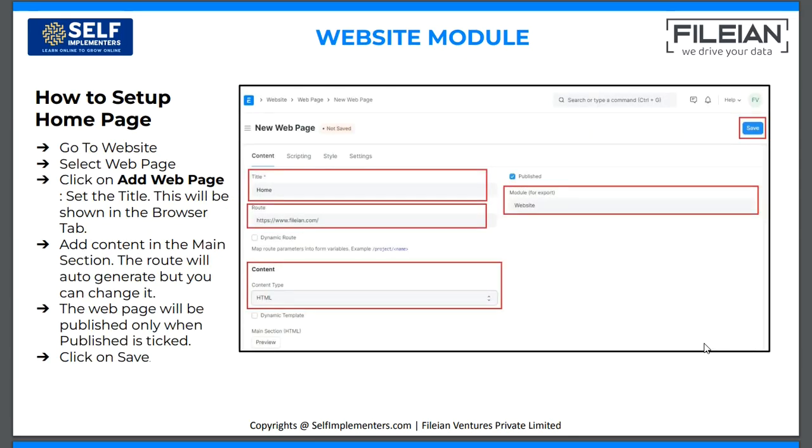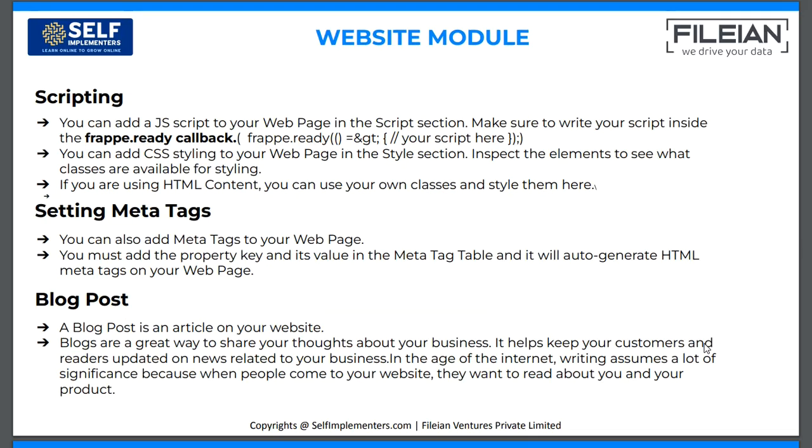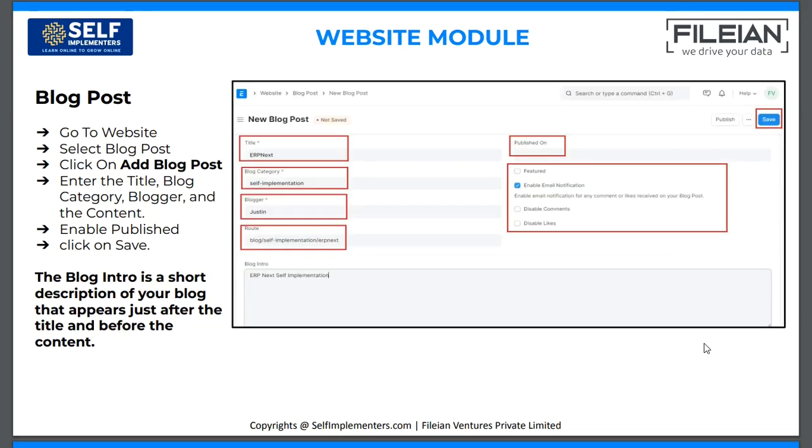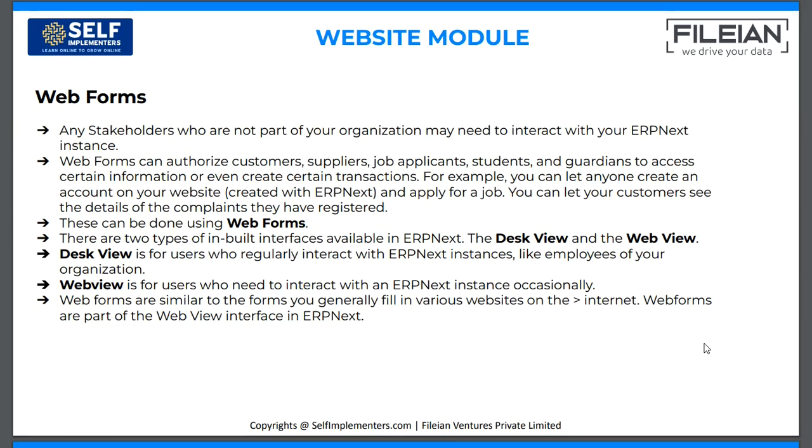In today's video tutorial, we will set up our home page for our website. Apart from this, we will try to understand what the scripting language is, how we can set a meta tag, how we can post a blog, and also how to create a website. We will post a blog and then check a web form.